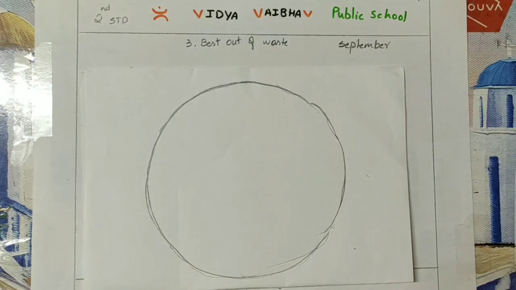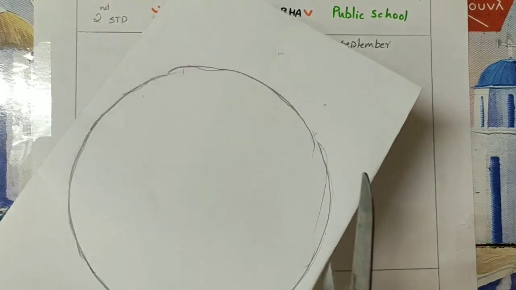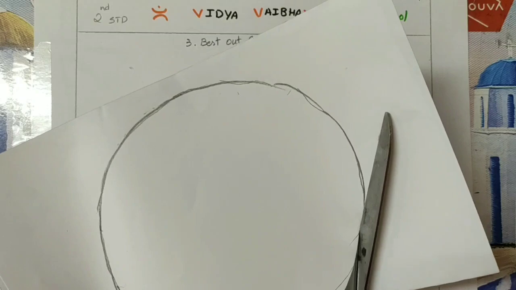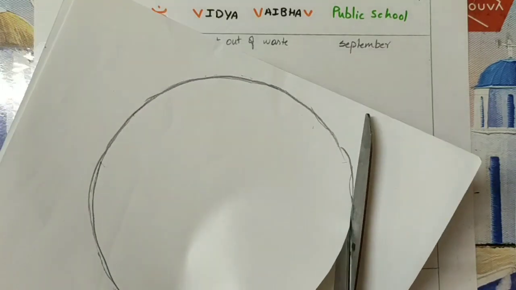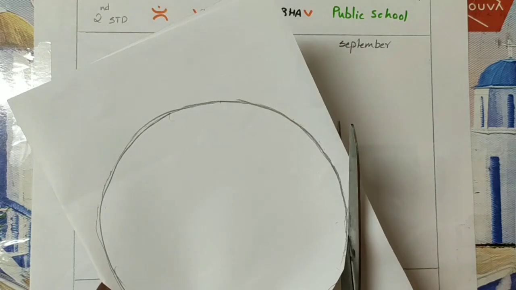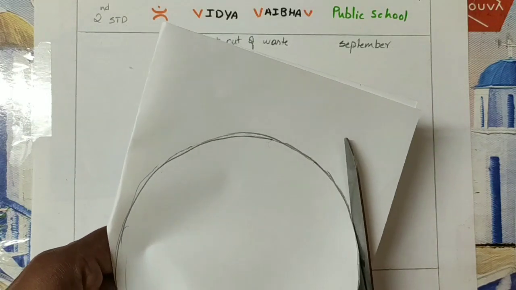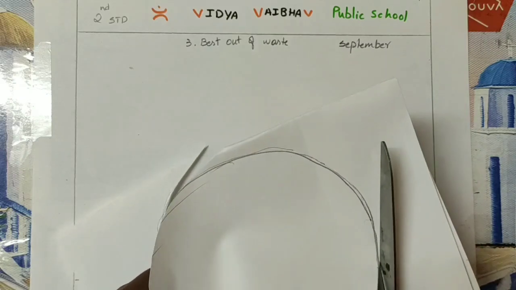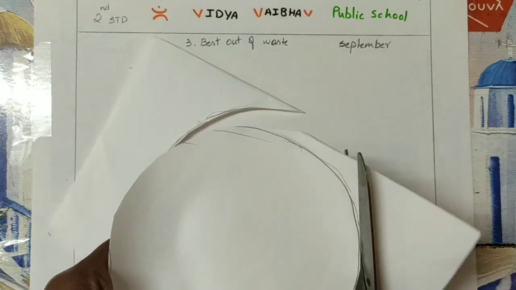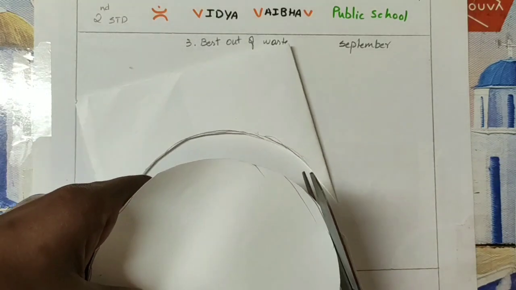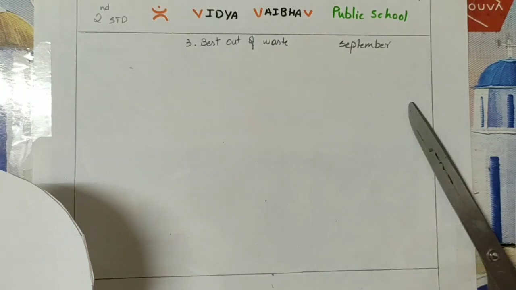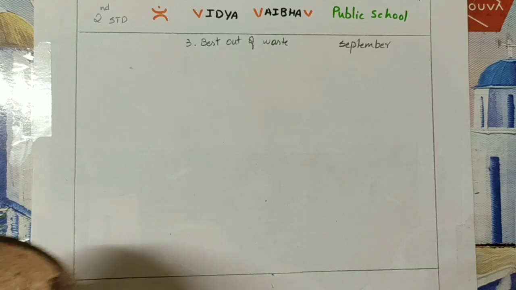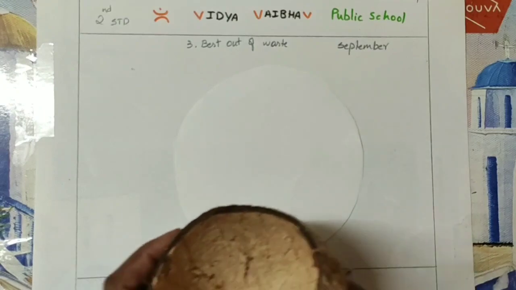Okay, then please take help of your elders or parents, sisters, and you should cut the circle. See, the circle is ready now.